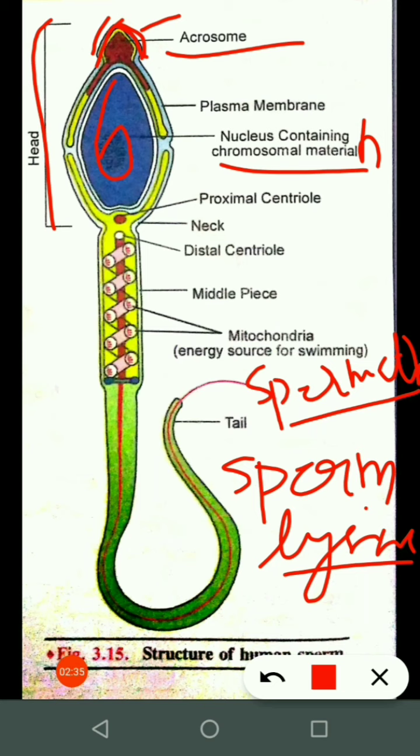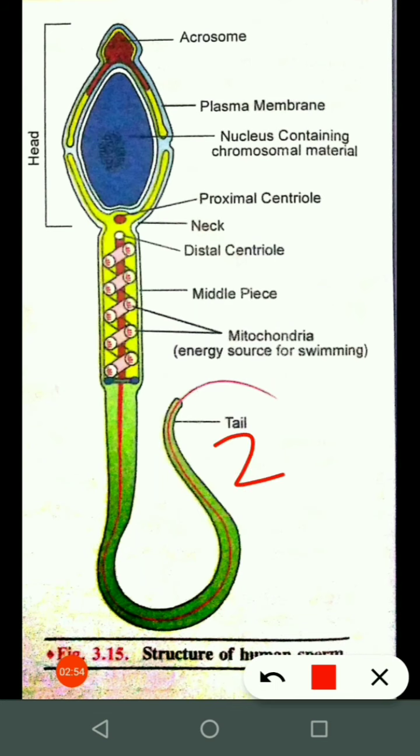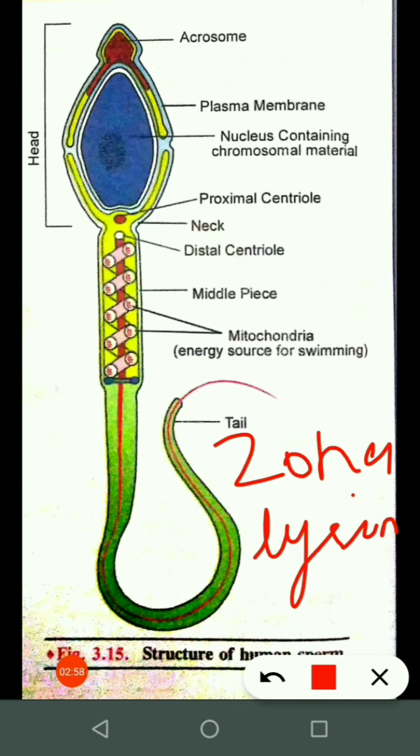The second enzyme is the corona penetrating enzyme. By this, the sperm is able to enter into the ovum. And the third enzyme is zona lysine. If you remember the structure of the oocyte that I told you, the outermost structure is the zona pellucida.